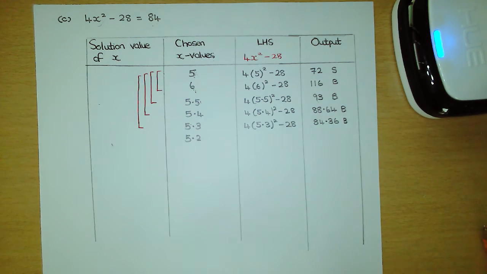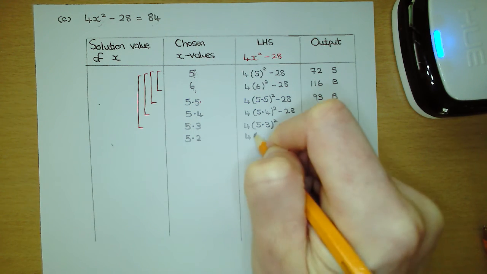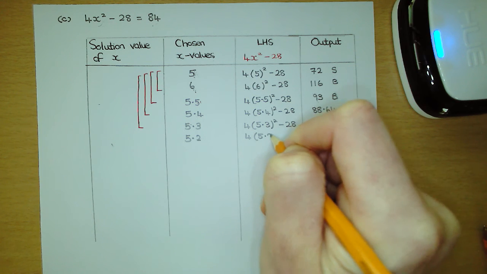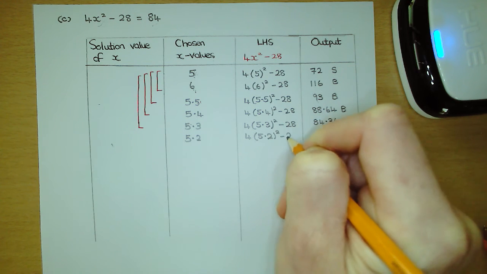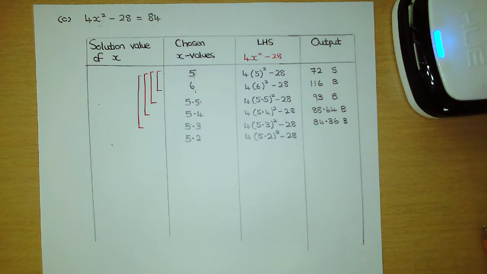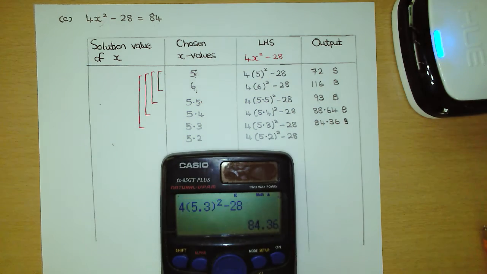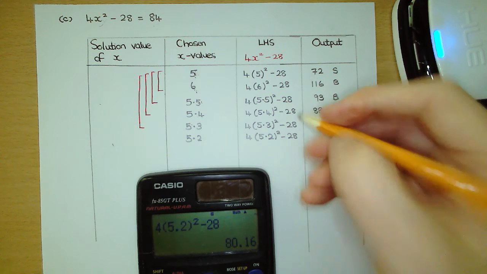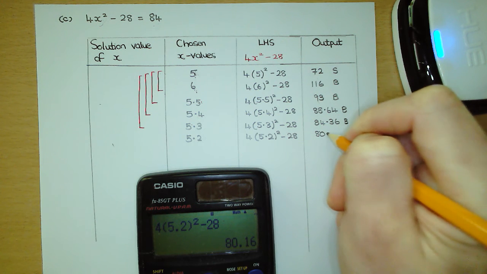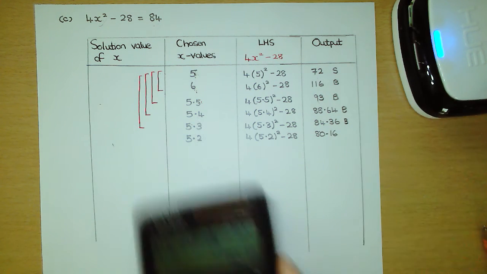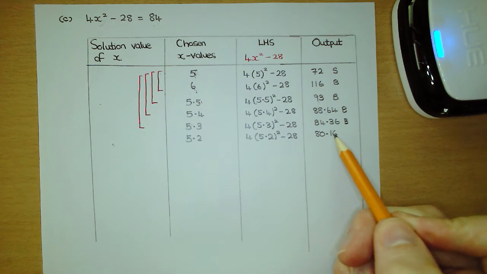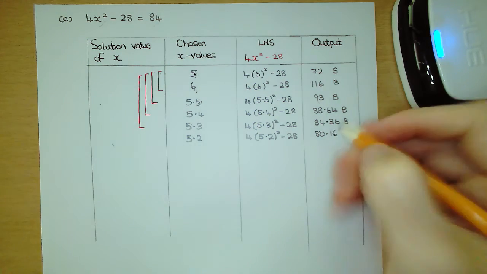And then we're going to chuck 5.2 into the left hand side. And then again we go to your calculator, type it in very carefully. And this time we get 80.16. Now, the output value is now smaller than the target number.